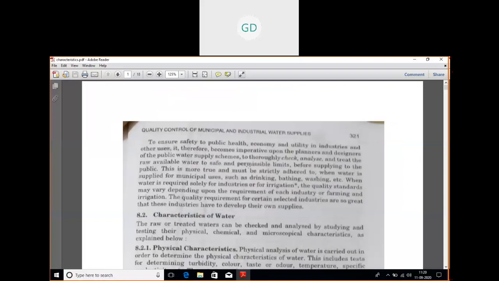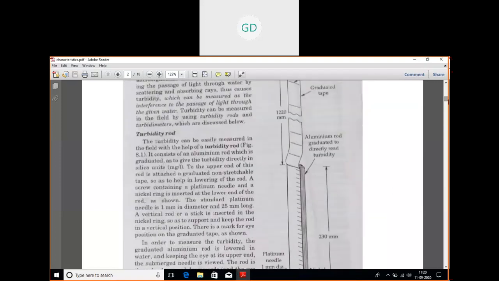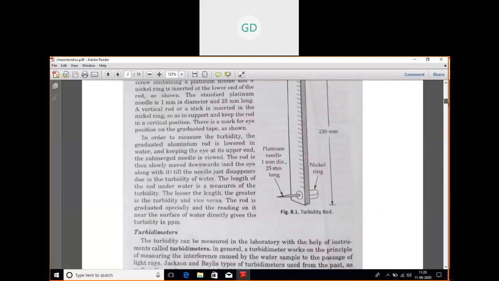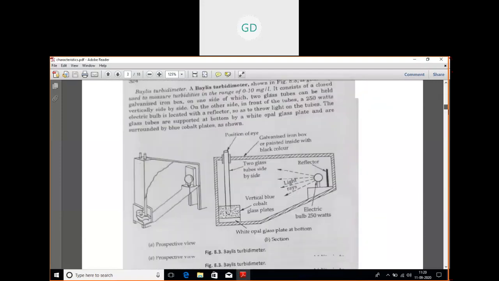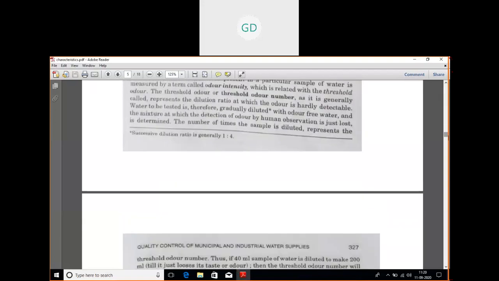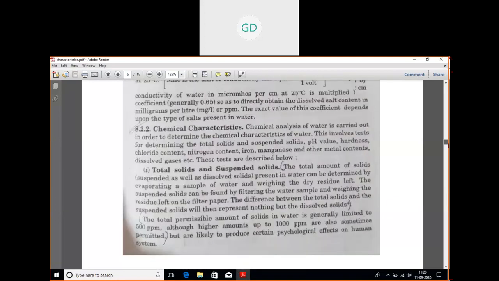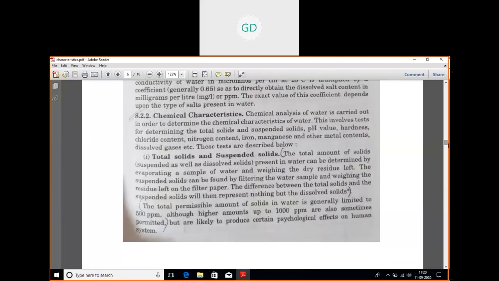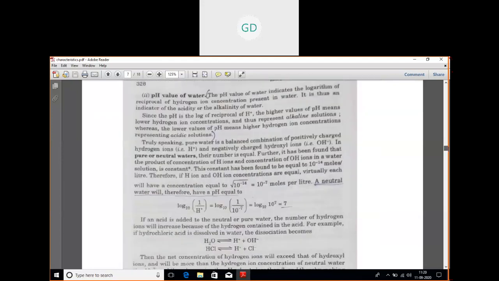Anybody remember what we did in the last class, up to where? Physical characteristics, I think we have completed. Chemical characteristics, so I think we did total solids and suspended solids, then pH.